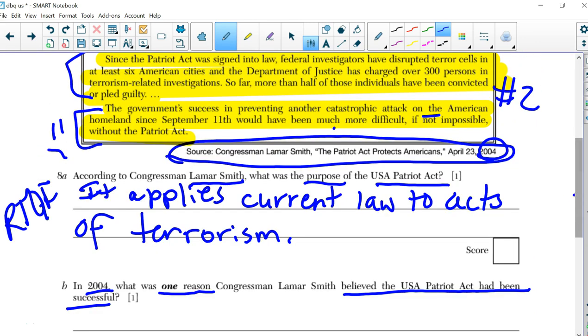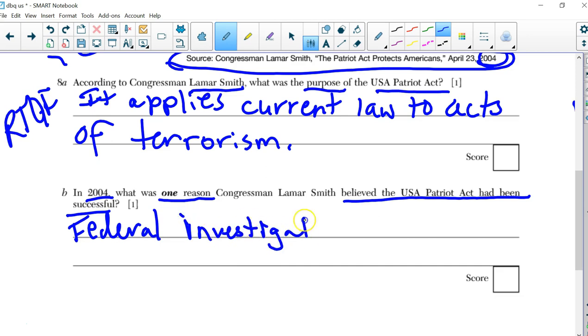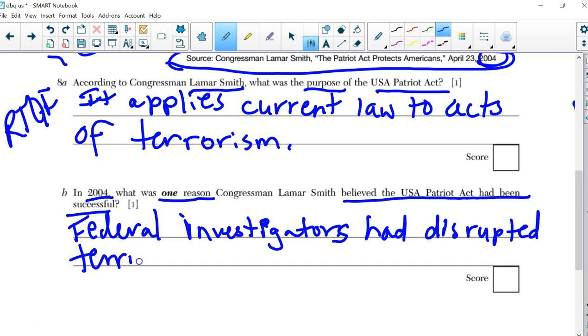Federal investigators had disrupted terror cells.